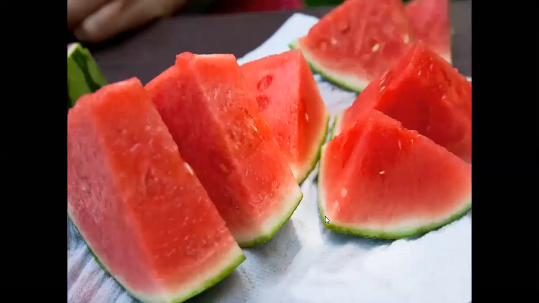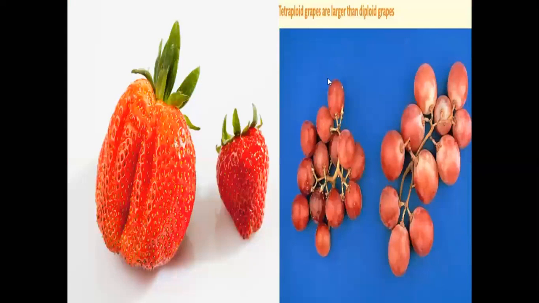These are the watermelons without seeds that are commercially available, and these are triploid watermelons, and they are sterile, so you cannot expect the next generation of plants from these watermelon seeds.